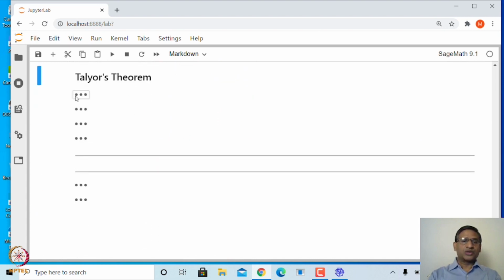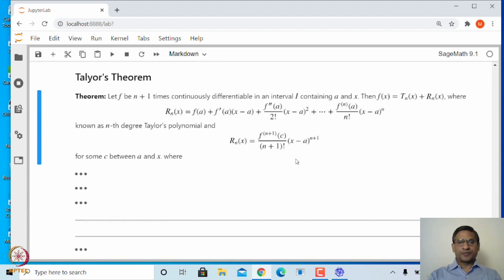Let us look at what Taylor's theorem is. I am sure most of you would remember, but just in case you do not, I am just stating the result.